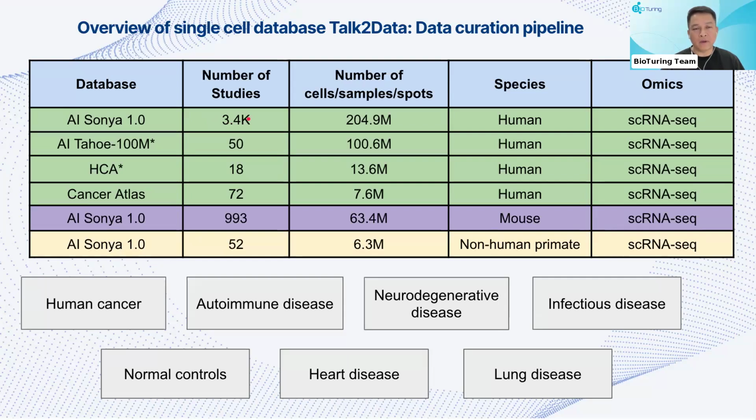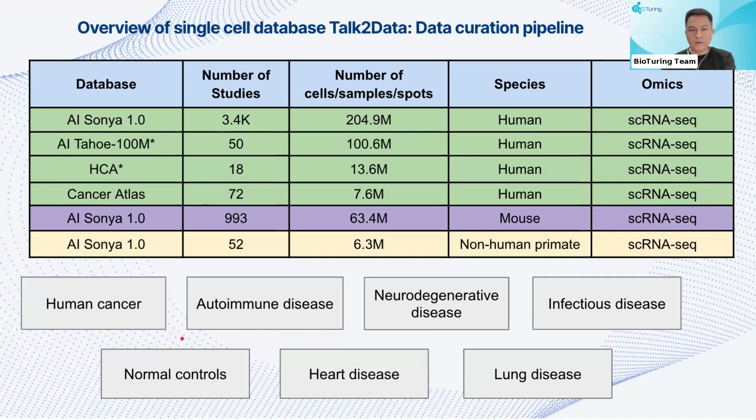So with a big database, you can make an atlas comprising all of these cells into a specific disease atlas or cell atlas to use for your particular purpose. And Talk2Data covers a variety of human diseases, from cancer, autoimmune disease, neurodegeneration, heart disease, lung disease, and also infectious disease. Importantly, it also has the normal control.